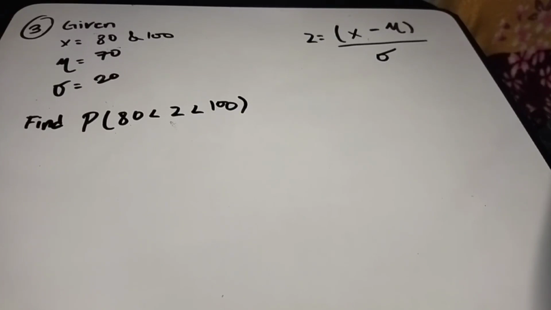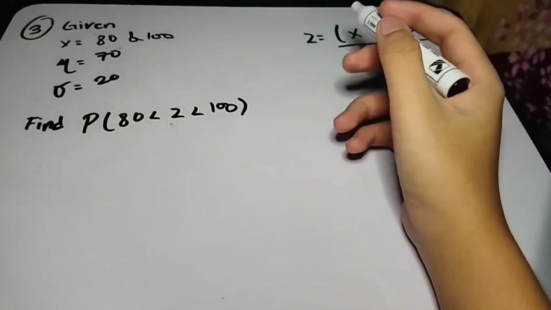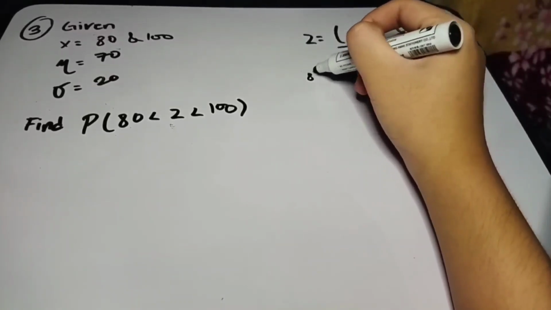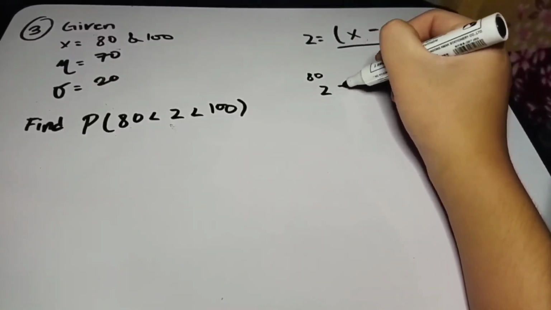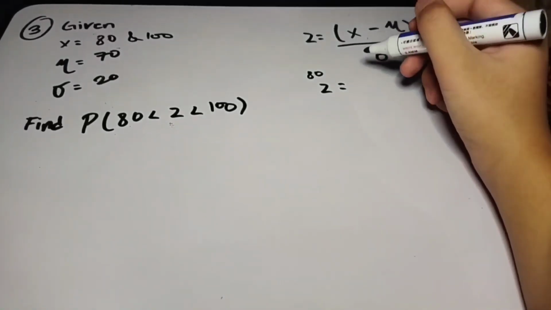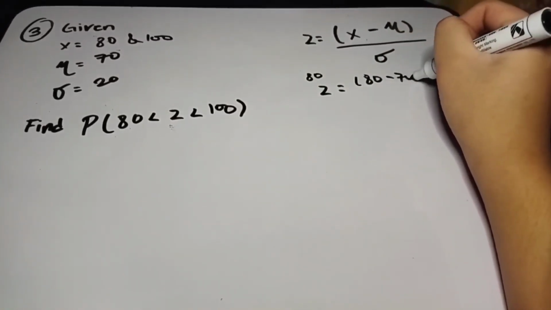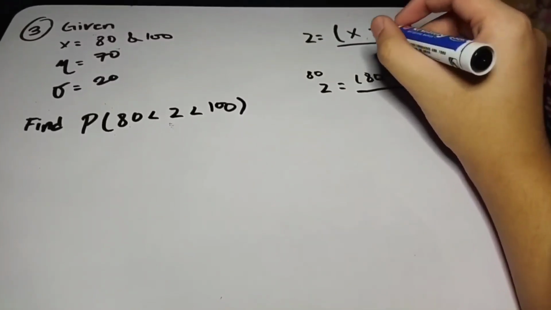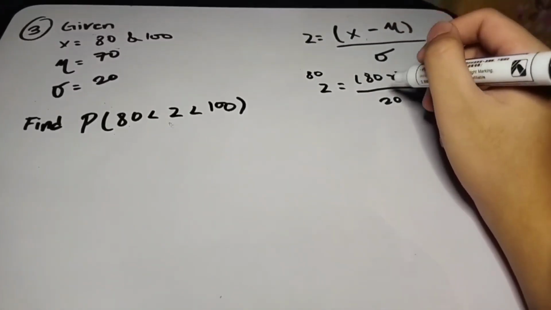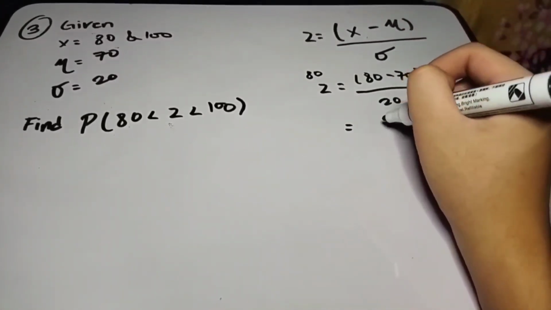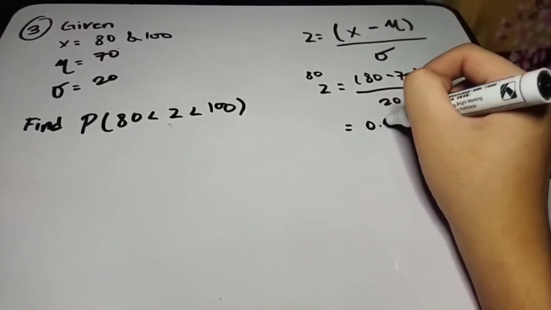To start, we need to find the z-score of our two values, that is 80 and 100. So starting with the 80, we will have to compute 80 minus 70 over 20. So 80 minus 70, that will be 10, divided by 20, we will have 0.5.